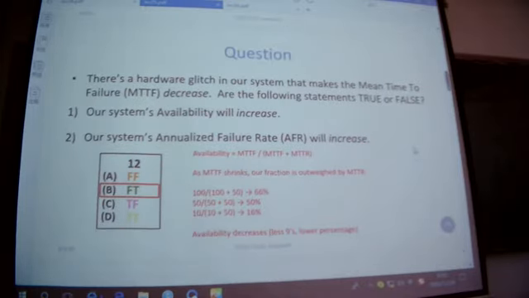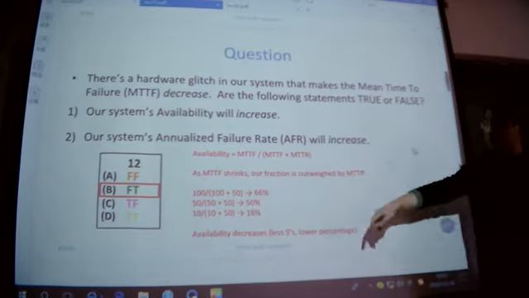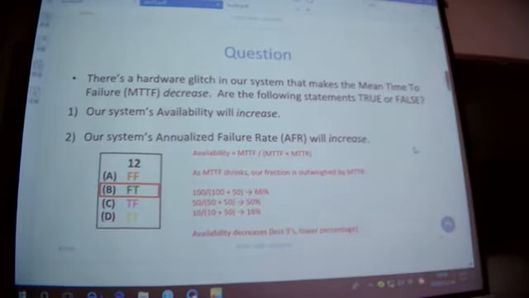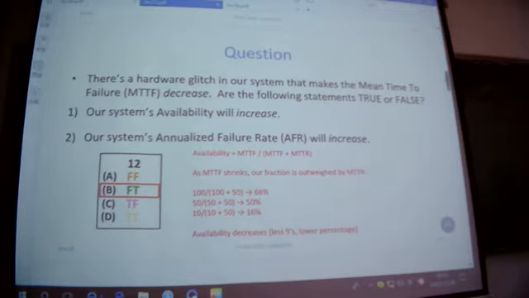In this solution, this is the availability calculation. As MTTF shrinks, our fraction is outweighed by MTTR. So we can see this is MTTF, this is MTTR, this is MTTF.